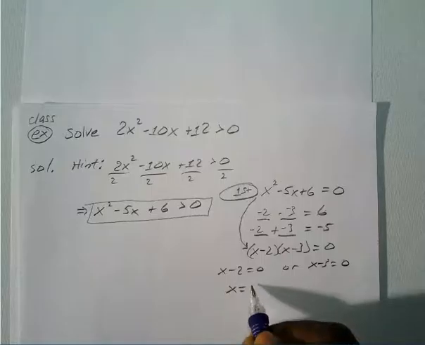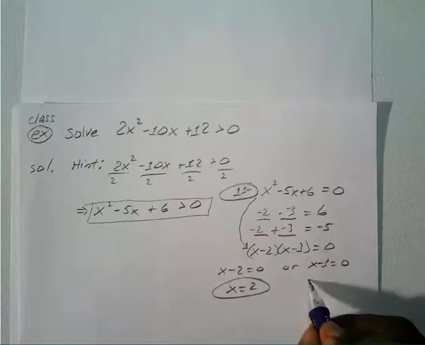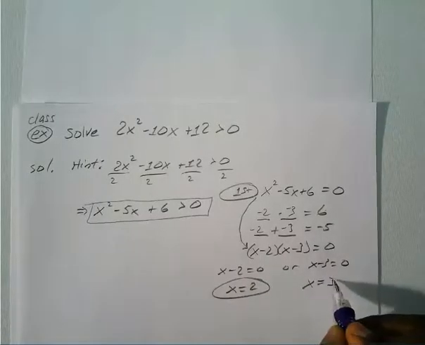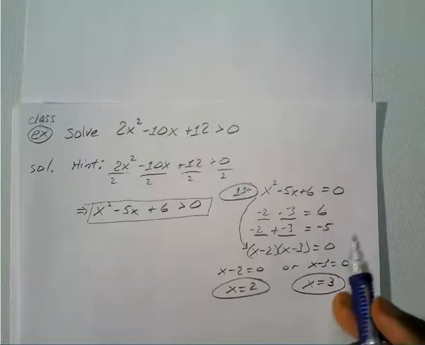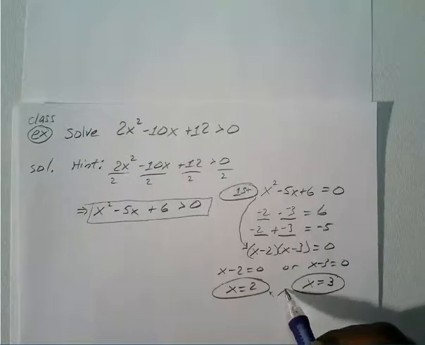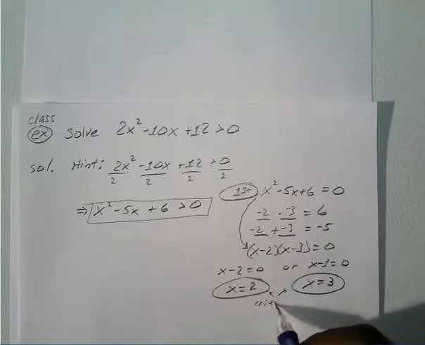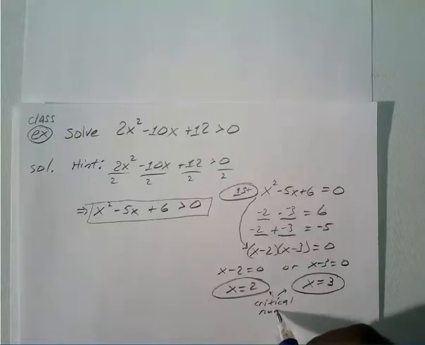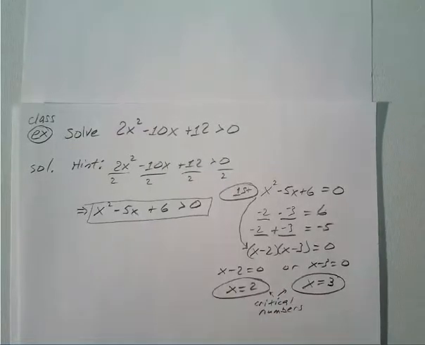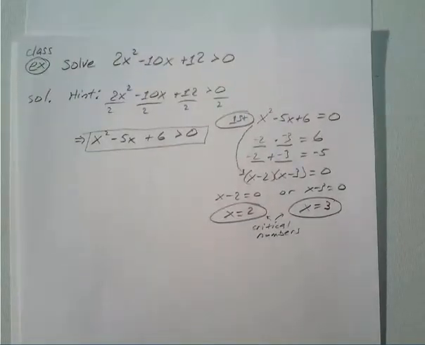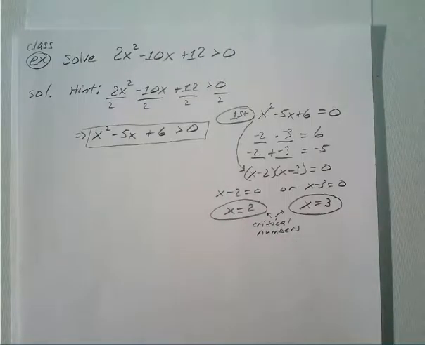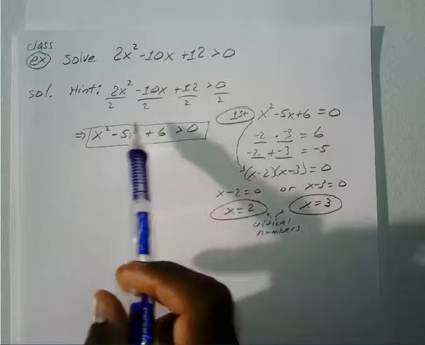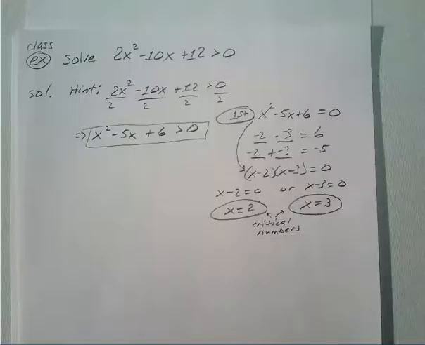So we add 2 to both sides, and we add 3 to both sides, which gives us our critical points, or critical numbers. Again, if you use the quadratic formula or anything else, you just get the same critical numbers. This was just a little bit of a shortcut that you might want to notice.